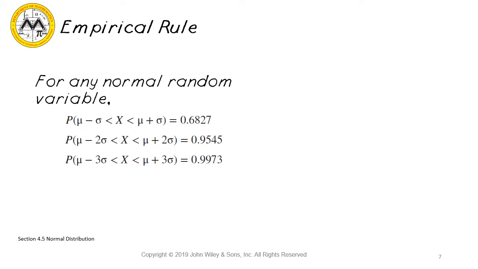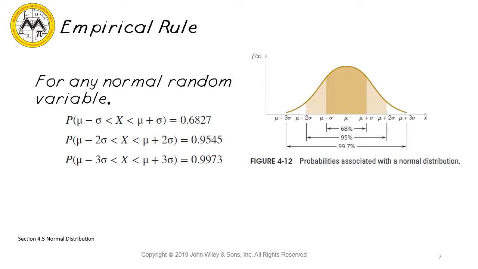For any normal random variable, the distribution within plus or minus 1 standard deviation is 68.27%, plus or minus 2 standard deviations is 95.45%, and plus or minus 3 standard deviations is 99.73%.